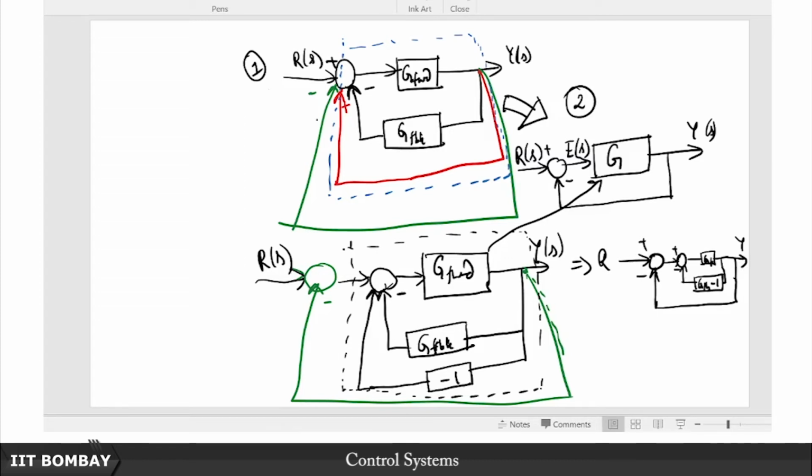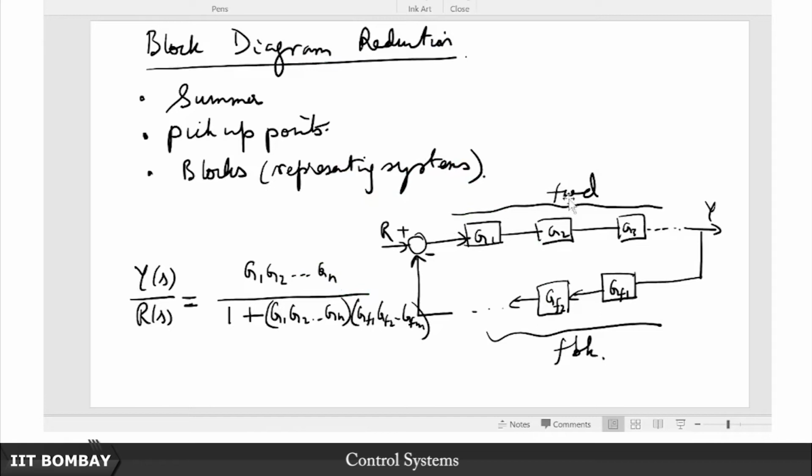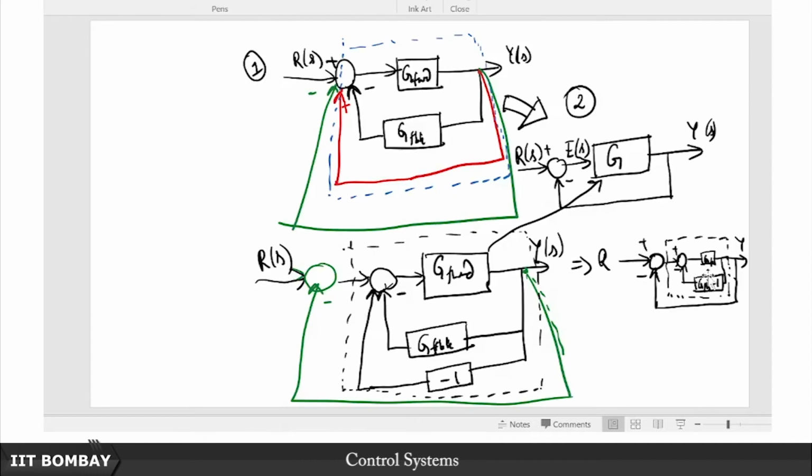So now notice we are in familiar domain. Why? Because now this block I know how to handle. In fact this is nothing but a typical feedback block which we have already seen what it leads to. It leads to this G forward over 1 plus G forward times G feedback. So why not write this block down? Then what I will have is basically G forward upon 1 plus G forward times (G feedback minus 1).